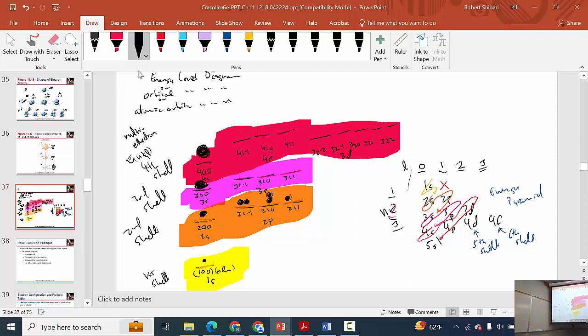The T's are going to have the same shape, but they're going to be just a lot, what? Bigger. And the 4s, bigger yet.